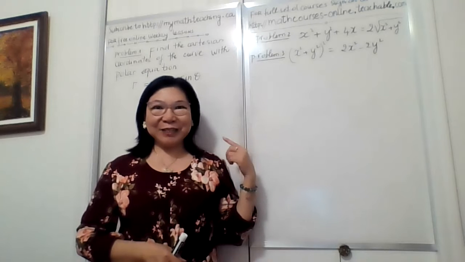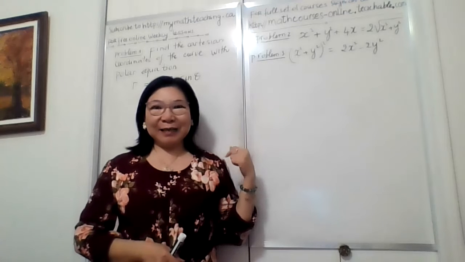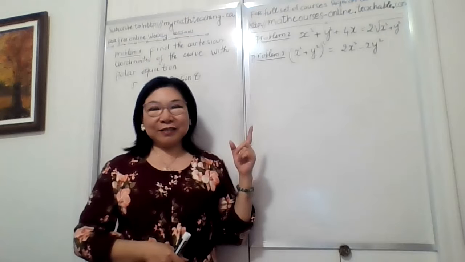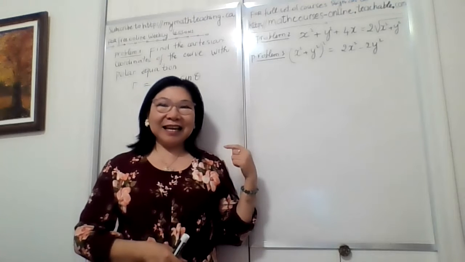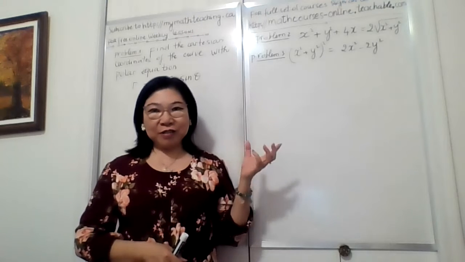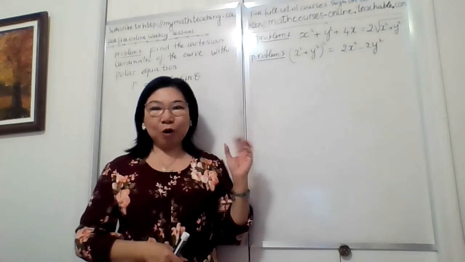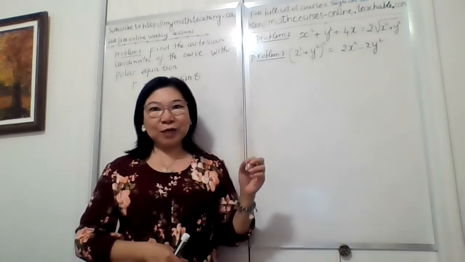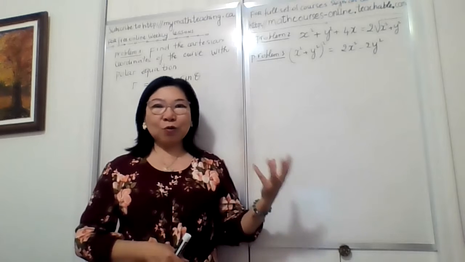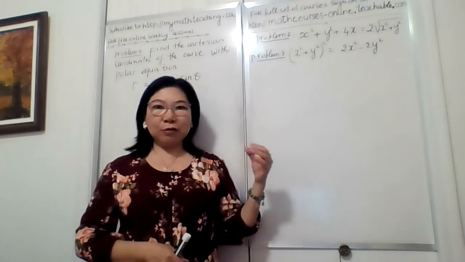Anyway, let me get into the lesson now. So I have shown you in the previous video today how to convert between the polar coordinates and the Cartesian coordinates, which is the X and Y coordinates. Regularly, we have seen them a lot.